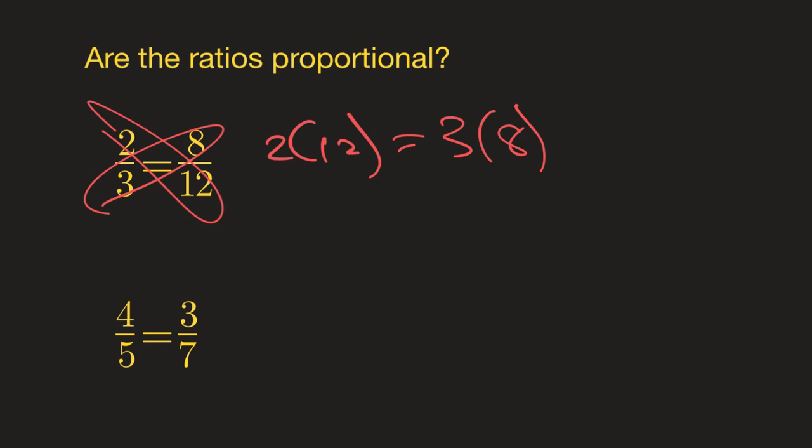What is 2 times 12? 24. And what's 3 times 8? 24. Is 24 equal to 24? Yes. Of course it is. So we would say these ratios are proportional. These ratios would be considered proportional because their cross products are indeed equal.